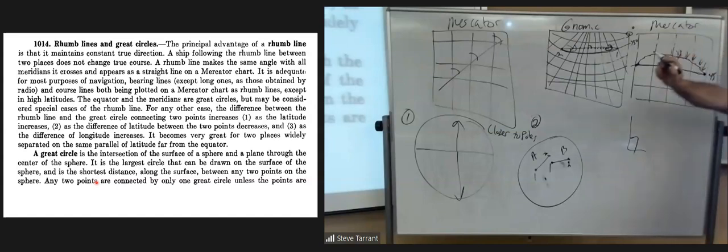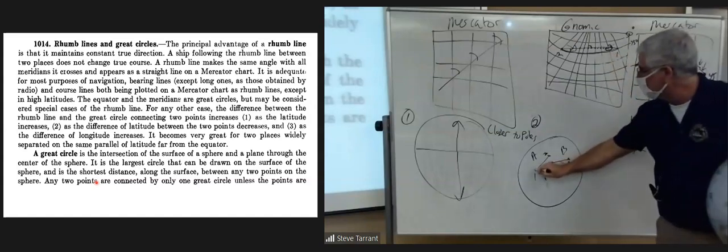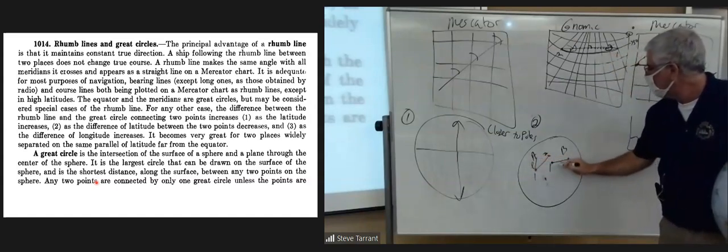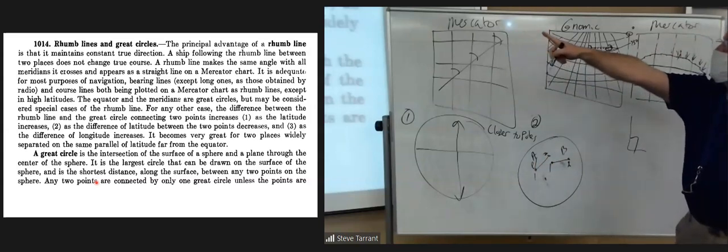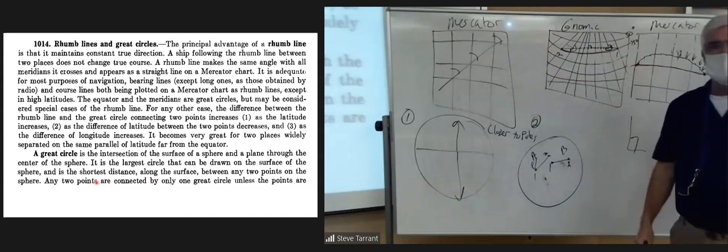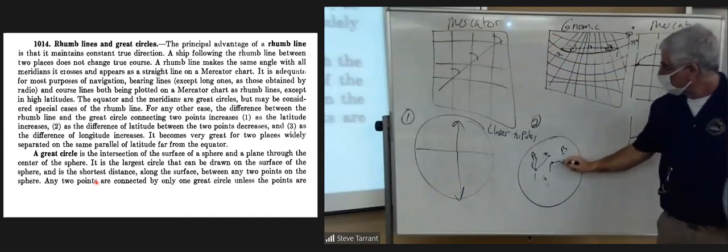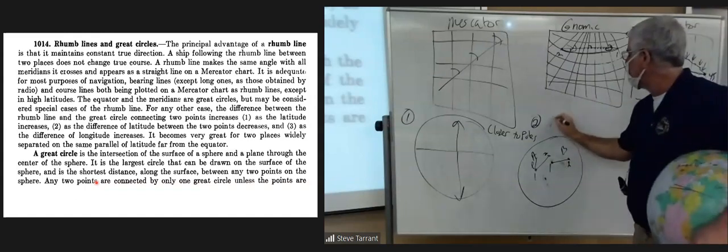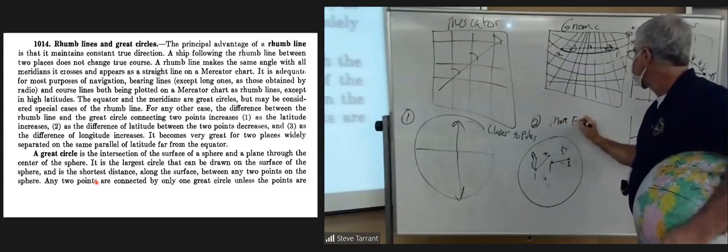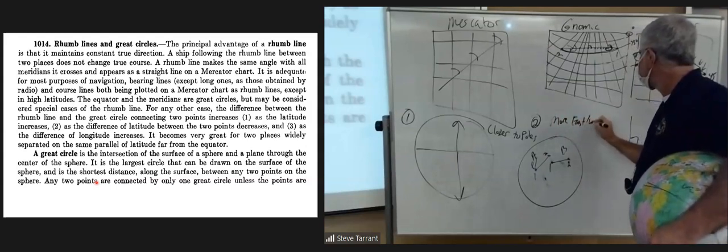As the difference of latitude, that's little l, decreases, what does that mean? Little l is smaller. It means more east-west.